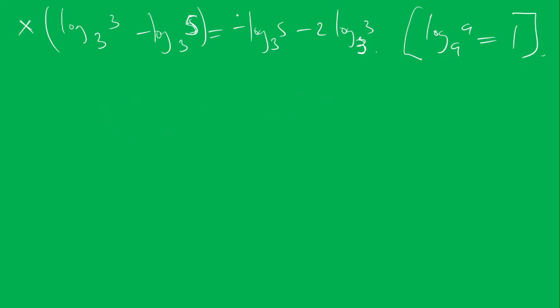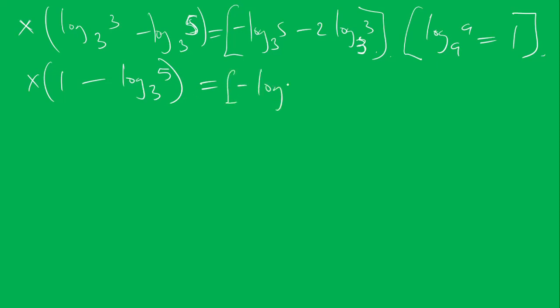Applying this law of logarithm, you have x in parentheses 1 minus log 5 base 3 is equal to minus log 5 base 3 minus 2 times 1, which is 2, so minus 2.